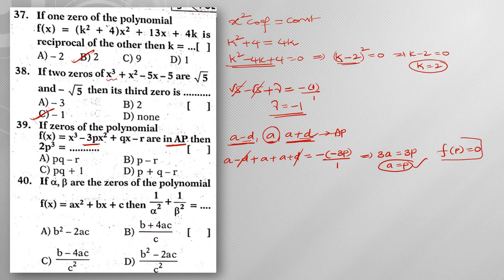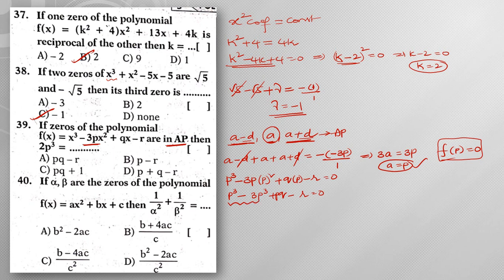So when I substitute p in the place of x, what I am going to have is p cube minus 3p into p whole square plus q into p minus r is equal to 0. Then this becomes p cube minus 3 times p cube plus p cube minus r is equal to 0.